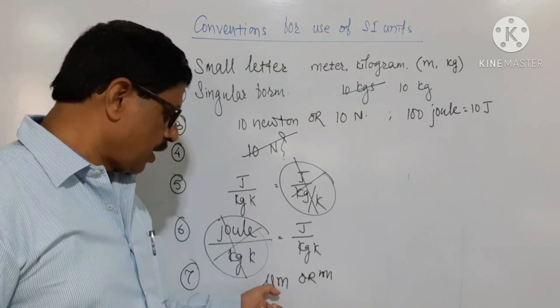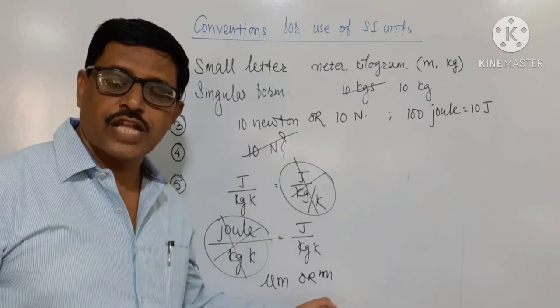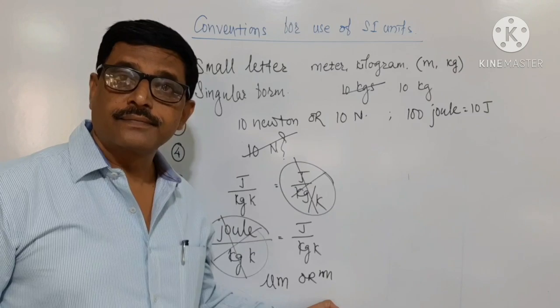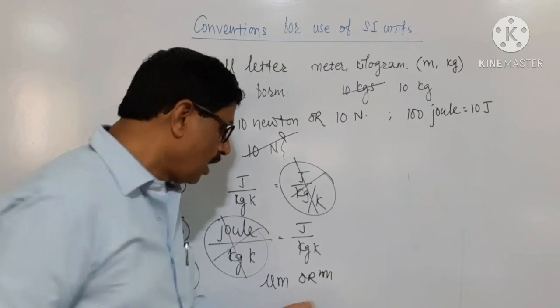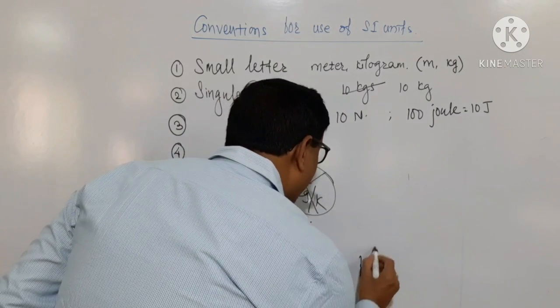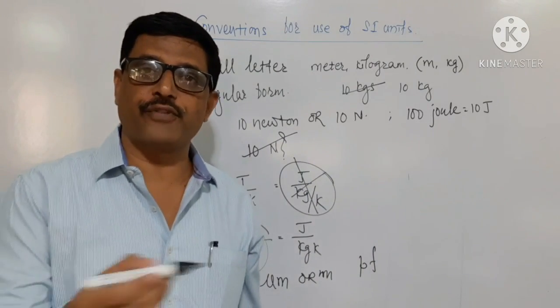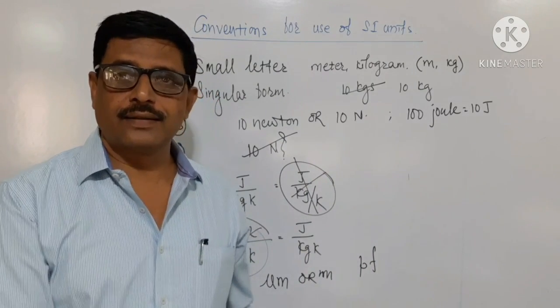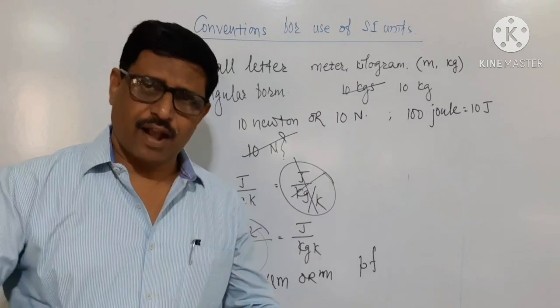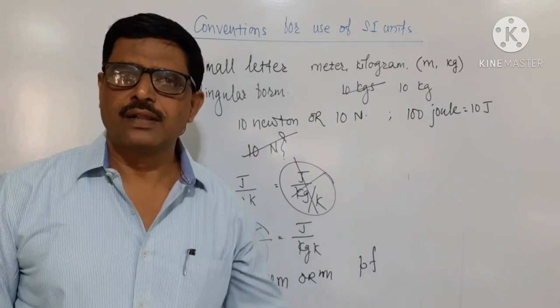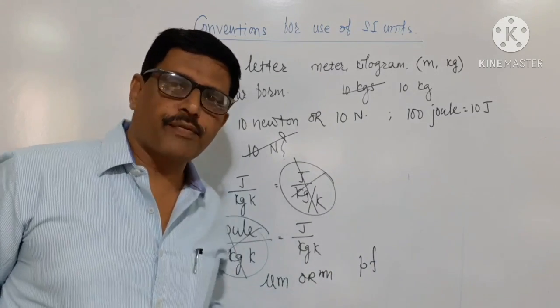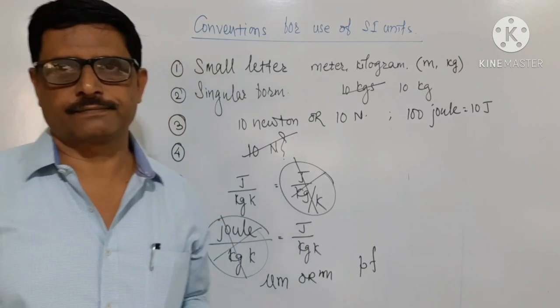Micro means 10 to the power minus 6, nano means 10 to the power minus 9, or picofarad, 10 to the power of minus 12. More about the prefix of the unit we will see within some time. We will think of what we mean by the prefixes of the units.